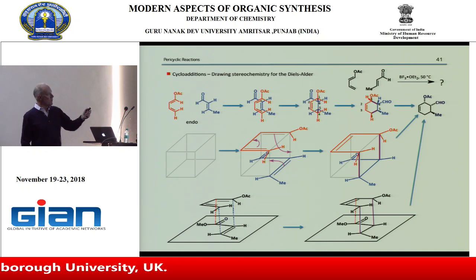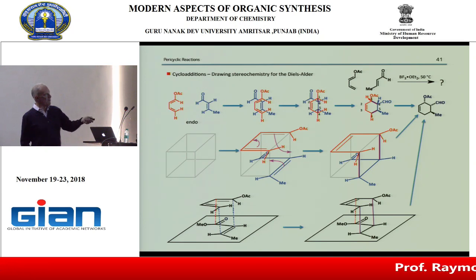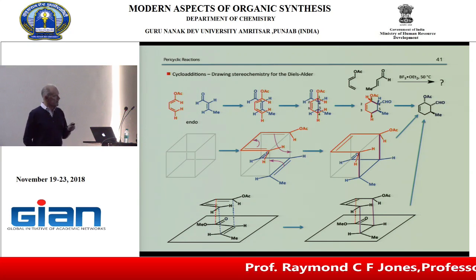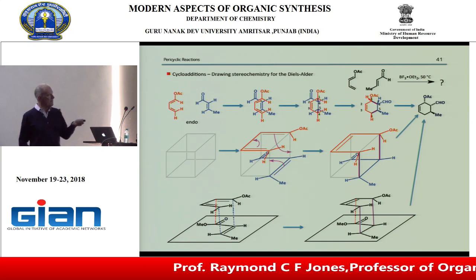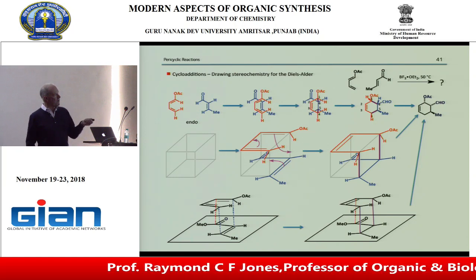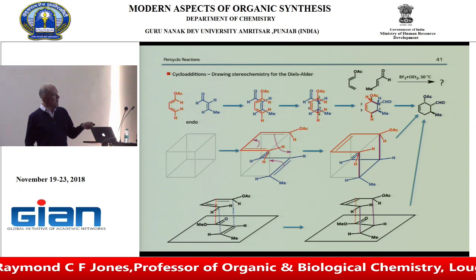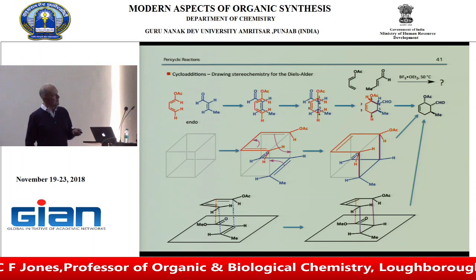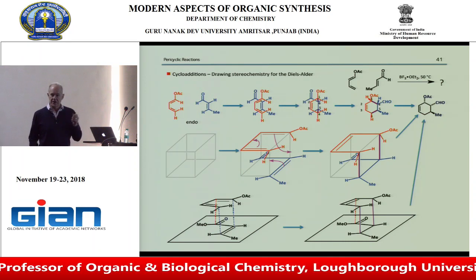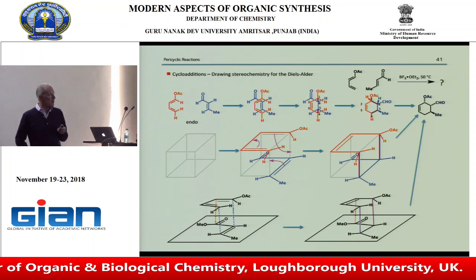Well, one useful way of doing that is to draw, it's not quite a cube, I suppose it is a cube really, a perspective box like that, and then stick your diene on the top and your alkene on the bottom. As I say, this is distorting it, but it's just trying to put things in the right places.